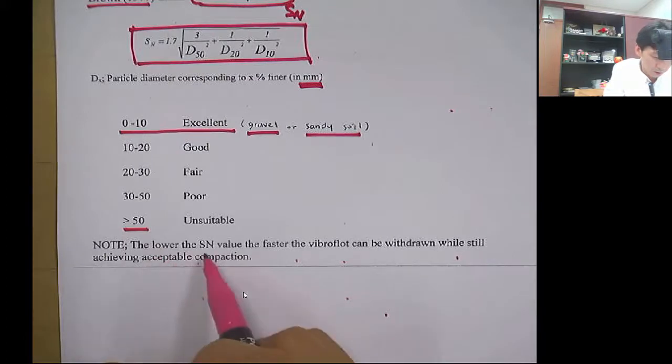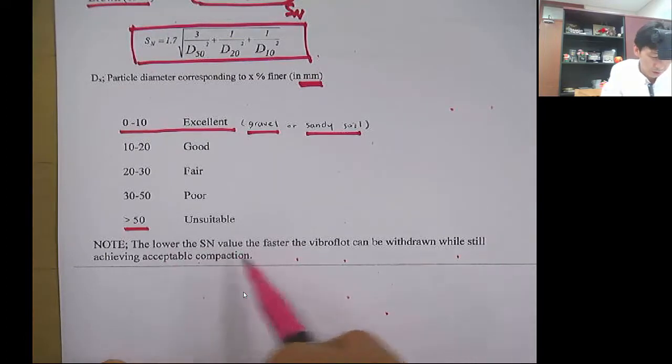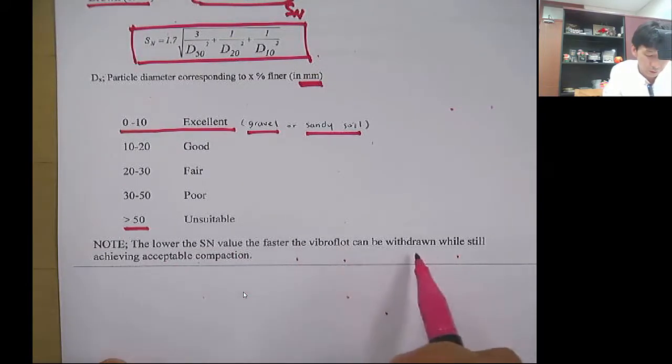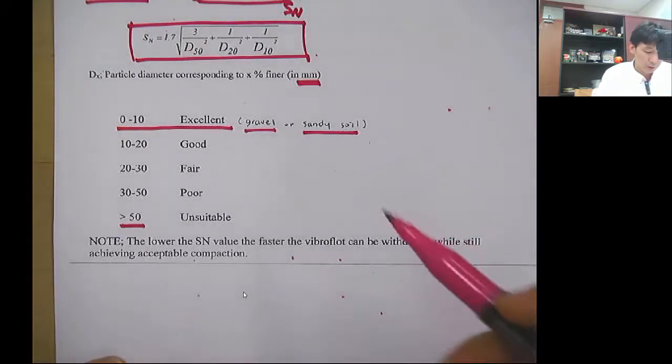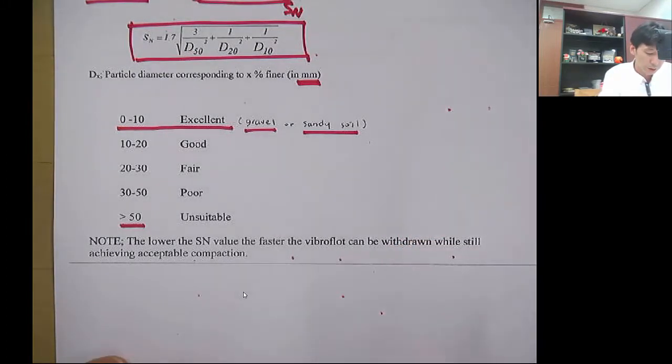And the lower the Sn value, the faster the vibroflot can be withdrawn while still achieving acceptable compaction, because the speed of withdrawal is related to the permeability.